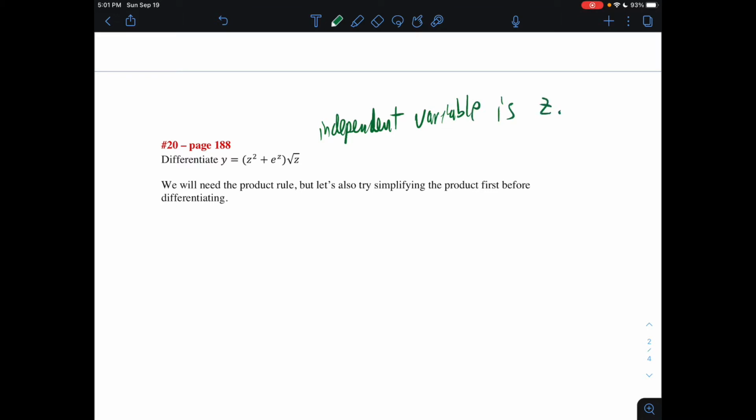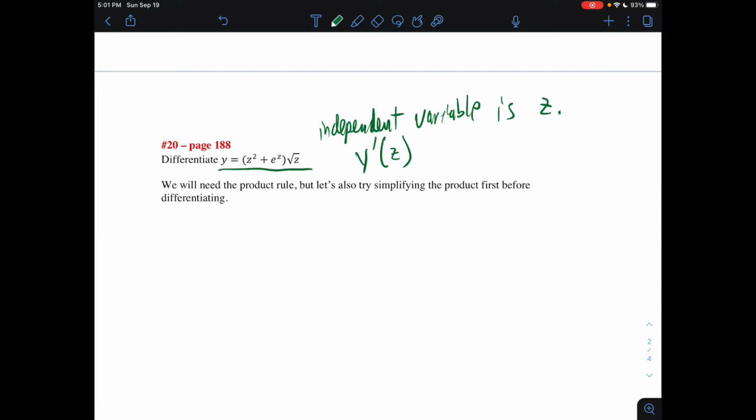So by implication, when we say differentiate, we are going to be looking at y prime of z, taking the derivative with respect to z. So y prime of z is what we want to do to this.